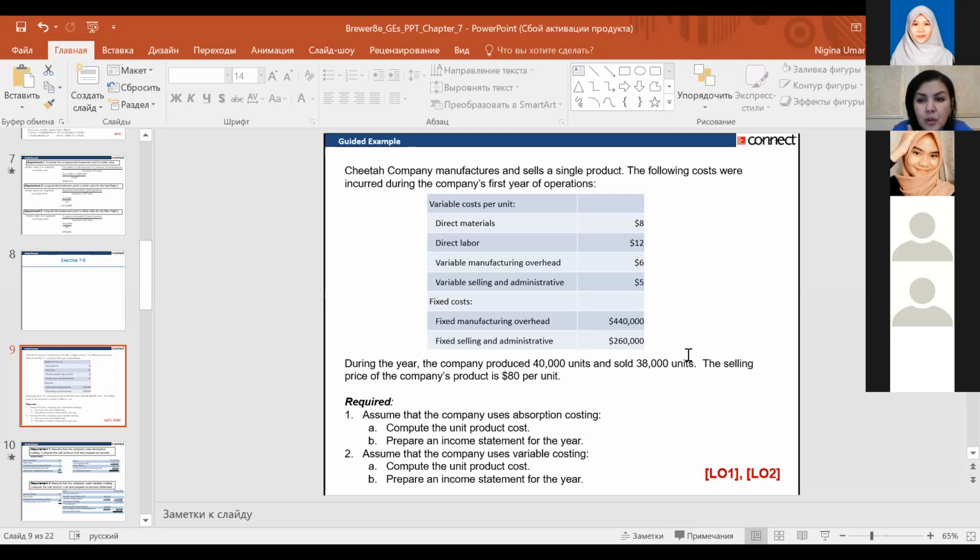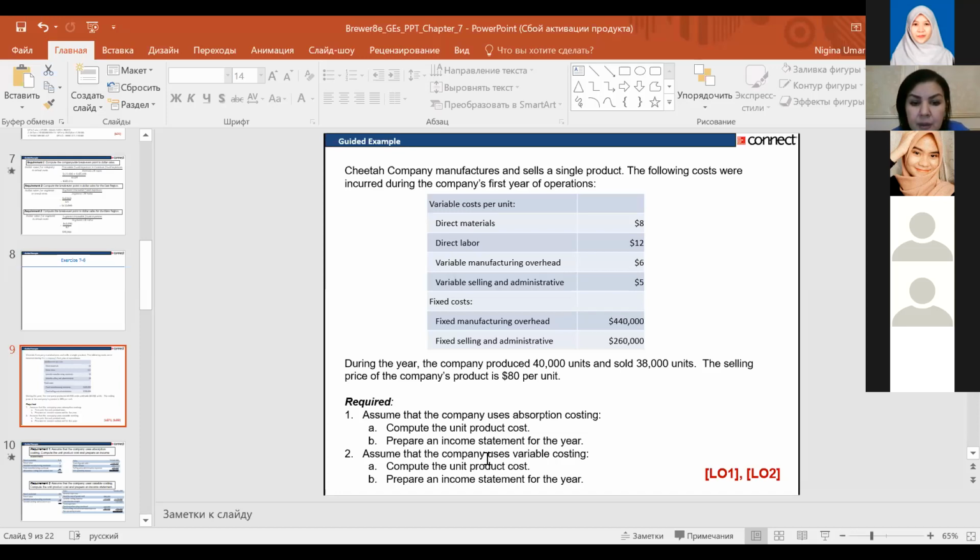Under absorption costing, Sarah, how do we call that value? Gross margin, yes. And gross margin then minus variable selling and administrative, and fixed selling and administrative.